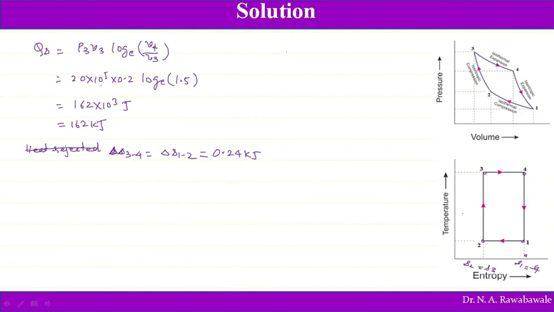That means if we know this temperature T2, then we can find out the heat transfer during process 1 to 2. So already we know the heat supplied during process 3 to 4. Now we can find out heat rejected. So heat rejected QR during process 1 to 2 is equal to temperature T2 into S1 minus S2.